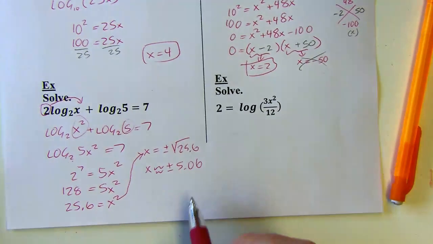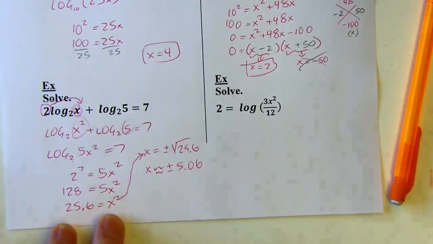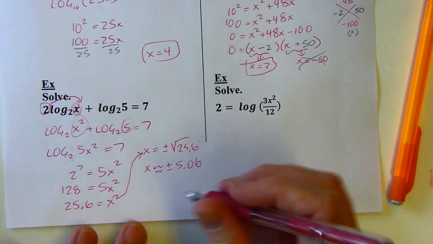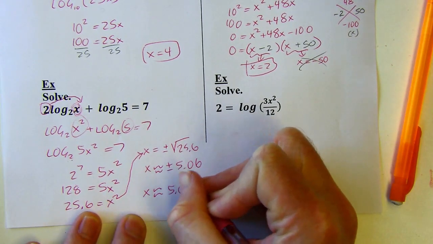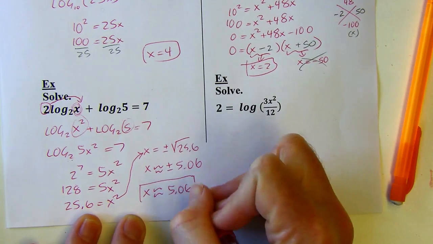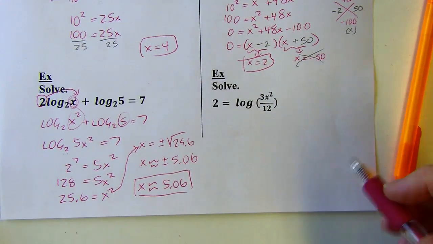Okay, but hang on. Negative 5.06 is no good here, right? It makes the contents there negative, so I'm going to throw it out. So actually, I'm only going to use the positive one. So a lot of times the negative x values are extraneous. Not always, that's not a solid rule, but you be on the lookout for that.